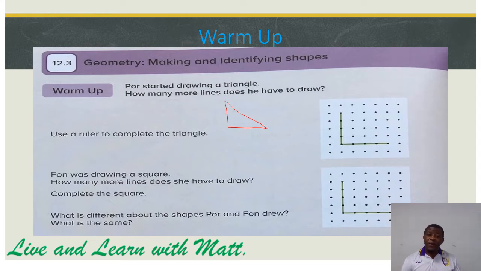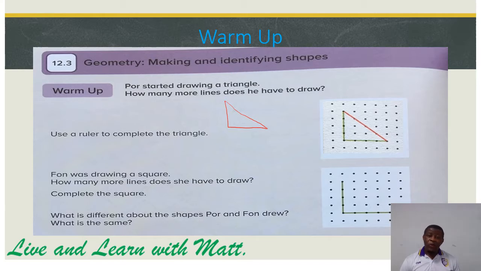Now, everybody use a ruler to complete the triangle from these dots to the dot on this line. Make sure the dots are connected and make sure they are in a straight line. And you have something like this.